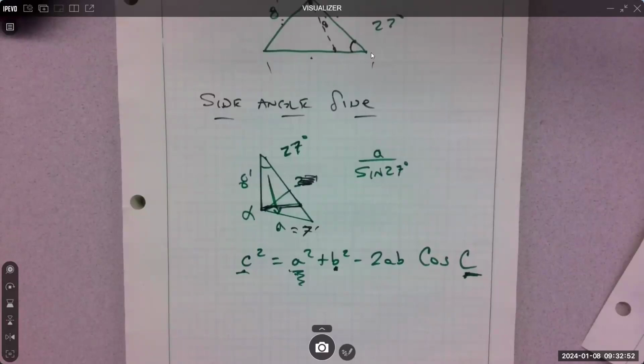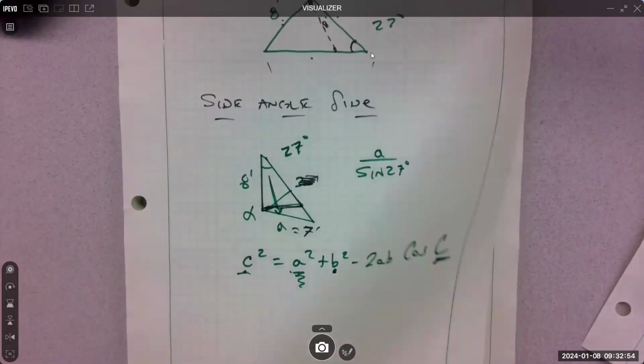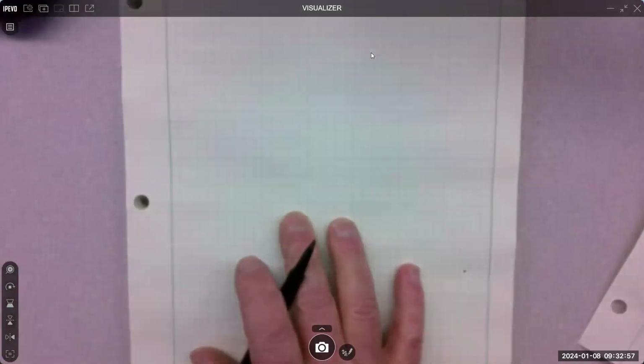Let's look at one that's in the book. Let's look at a non-right triangle in the book, rather than make it up.